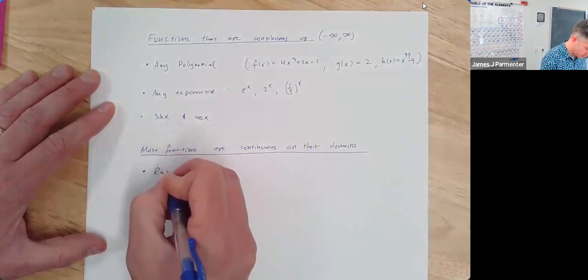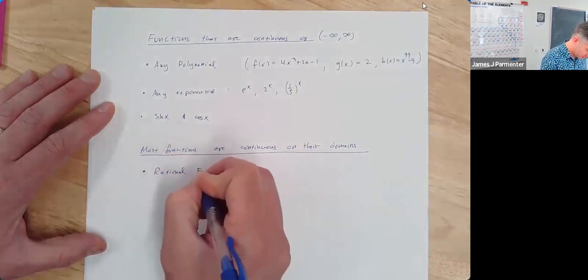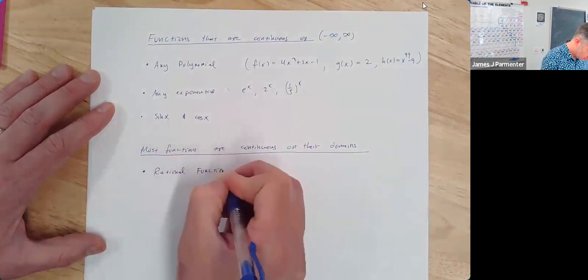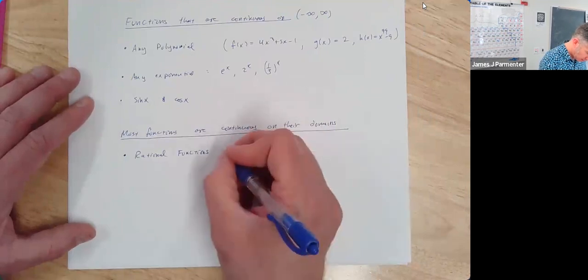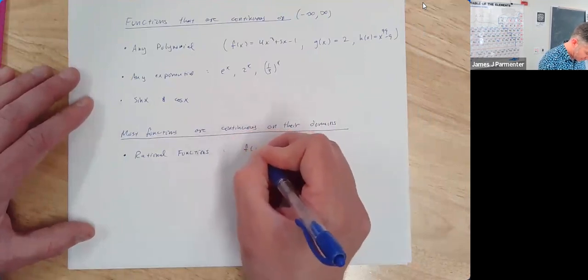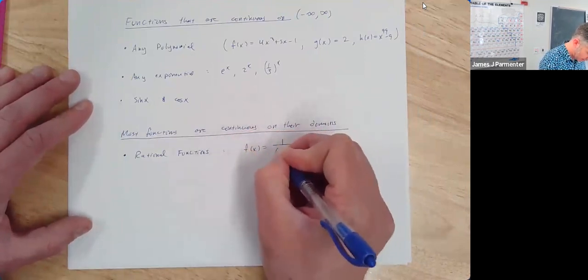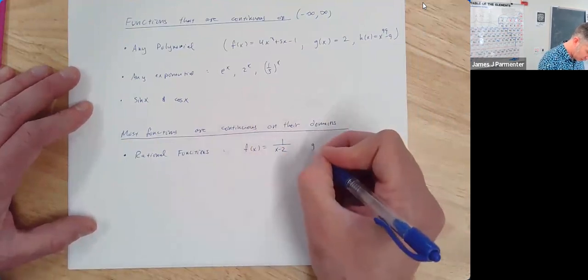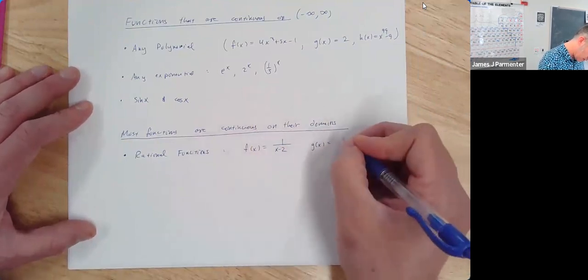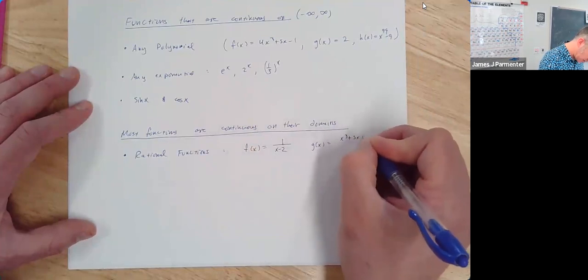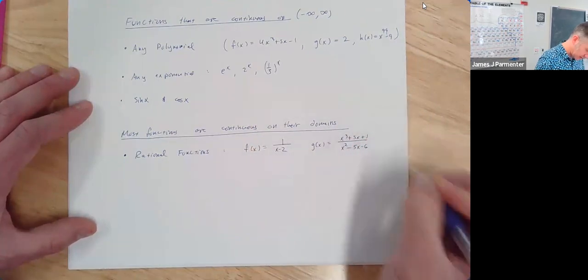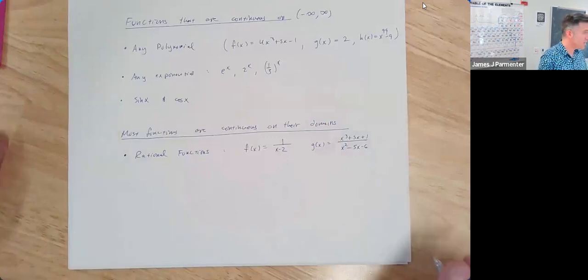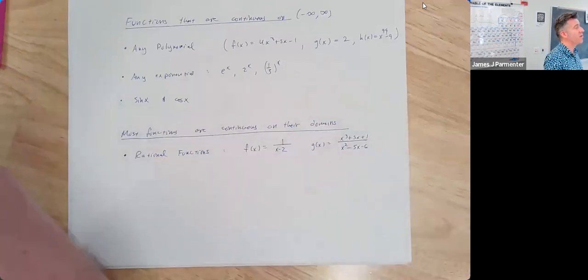Rational functions, which I always find mildly annoying, but it's okay. For example, f of x equal to 1 over x minus 2, or g of x equal to x cubed plus 5x plus 1 over x squared minus 5x minus 6. These functions are continuous everywhere that they are defined.